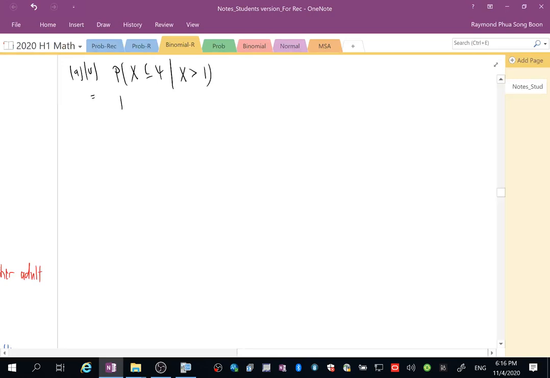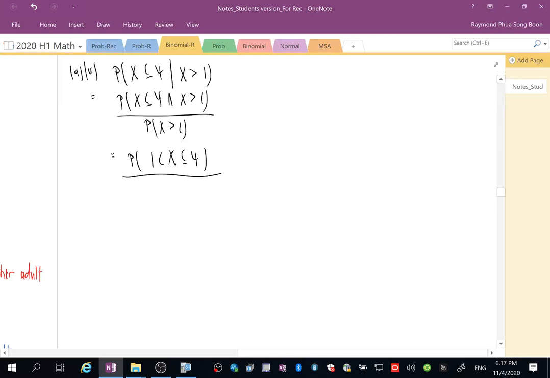So we rewrite it in the form of the formula for conditional probability, and then we look at the numerator. What does it mean for X less than or equals to 4 intersect with X strictly greater than 1? So it means X must be greater than 1 but less than or equals to 4.